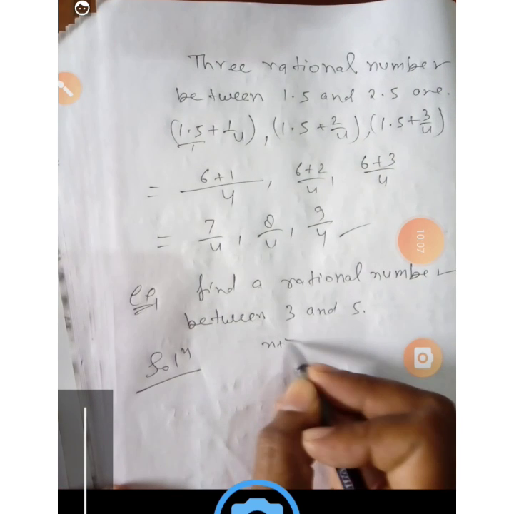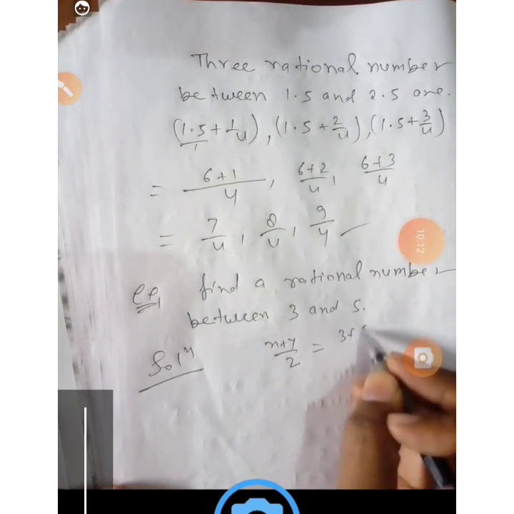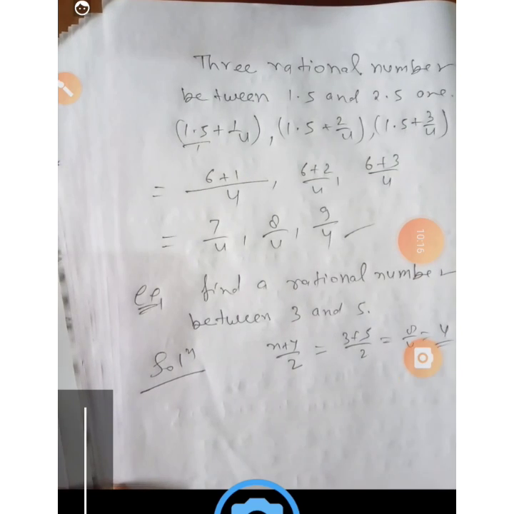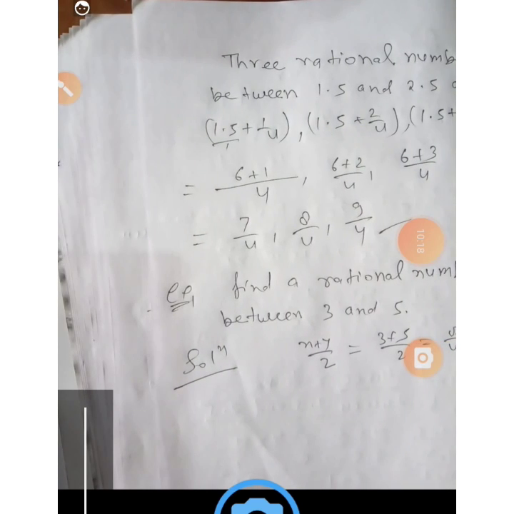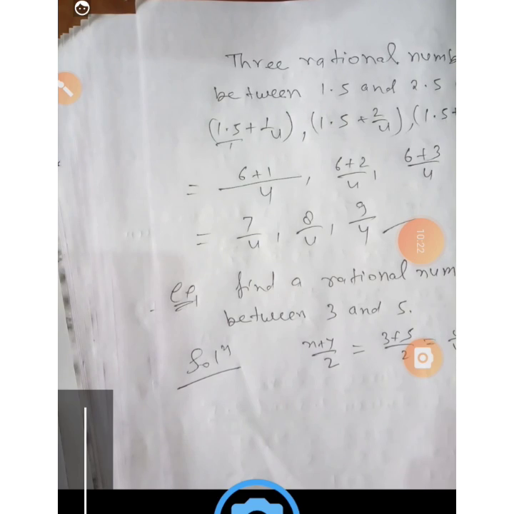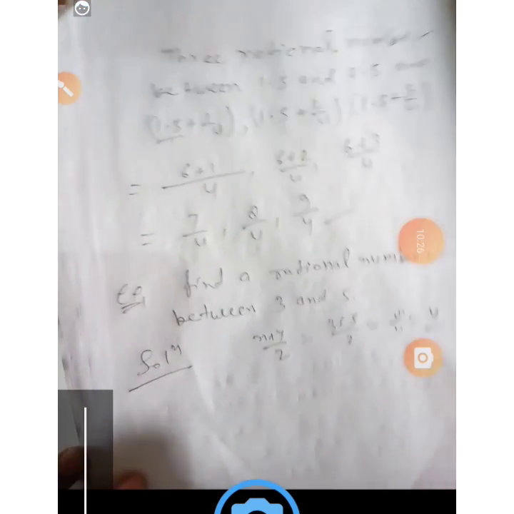Here we add 3 plus 5 by 2, and 8 by 2 is equal to 4. There is an easy way here: if we want to find a single rational number between any two rational numbers, we add them and then divide by 2.